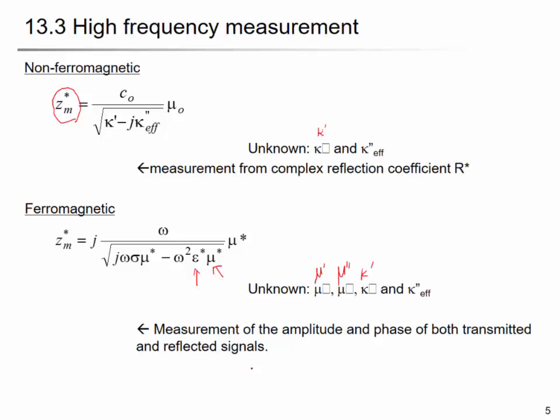So in this case, you need to measure the reflective waves and also the transmitted waves to extract these 4 unknowns. But if you only deal with non-ferromagnetic material, then you can just measure the complex reflection coefficient R star. Okay.